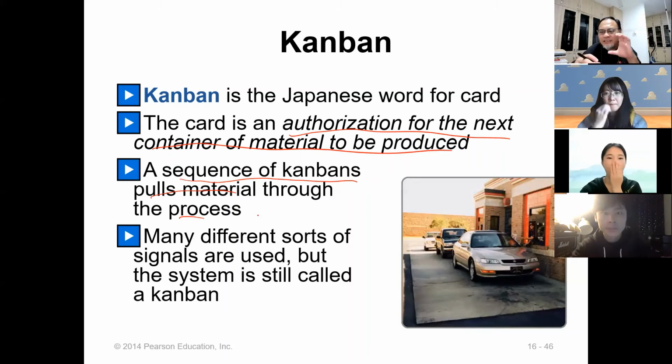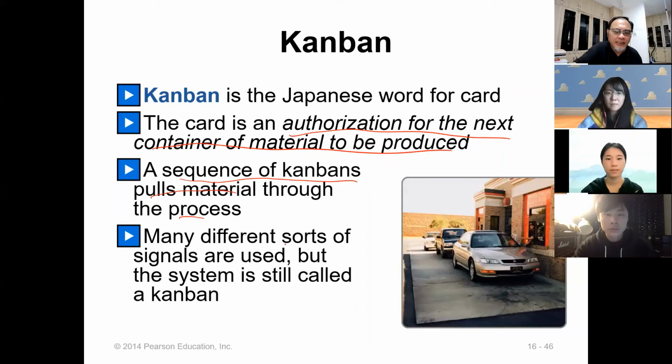Not necessarily, but initially a manual system actually uses cards on the pallets beside the production line. Or even empty space. When they see empty space, then you need to put in the new pallet or new lot. Okay, so many different kinds of signals. But the system is still called Kanban.